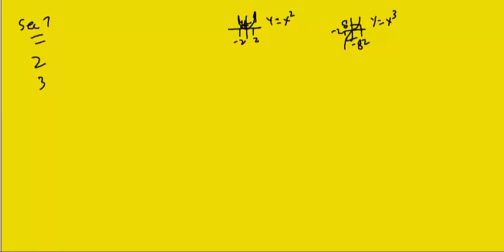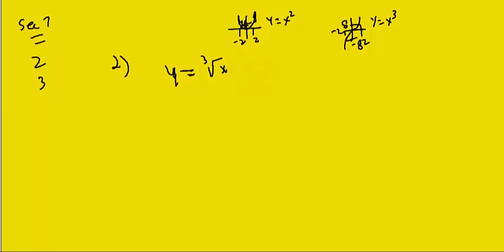So, easy way to do it is this. Okay, this is number 2. Y is equal to cube root of x. All you're going to do, to determine even or odd, is replace x with a negative x. If it turns out to be the same, it's even. If it turns out to be the exact opposite, then it's odd.